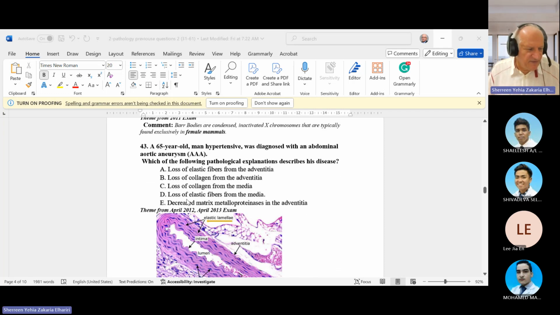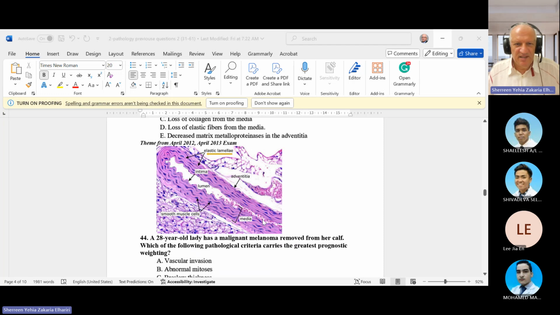Next question, very common. A 65-year-old man, hypertensive, diagnosed with abdominal aortic aneurysm. It is a common disease in the UK. Which of the following pathological explanations describes this effect? If you see the cut section of an artery, especially a big artery, you can find the lumen. It is like the mucosa in the intestine, but here we call it intima.